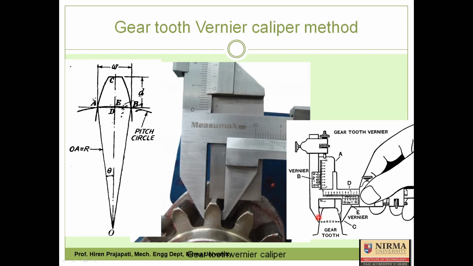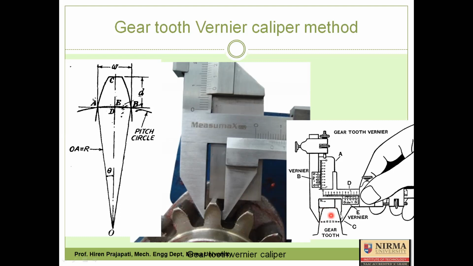So this is one gear tooth. The depth D needs to be set on vernier B, and you keep it on the top land of the gear tooth.